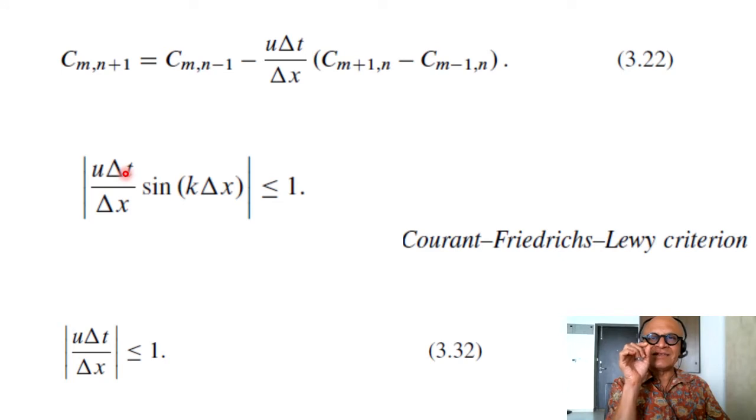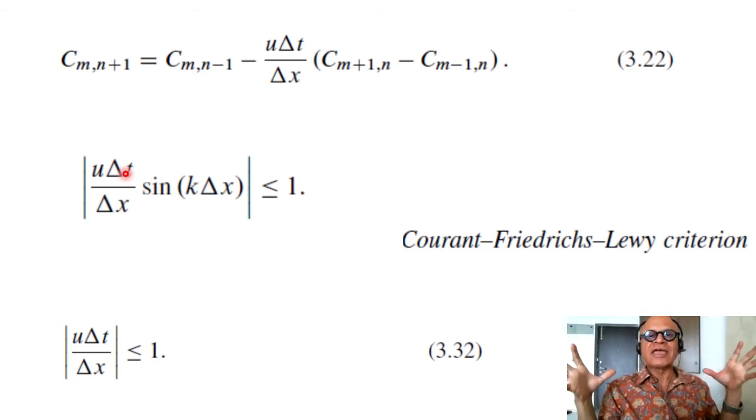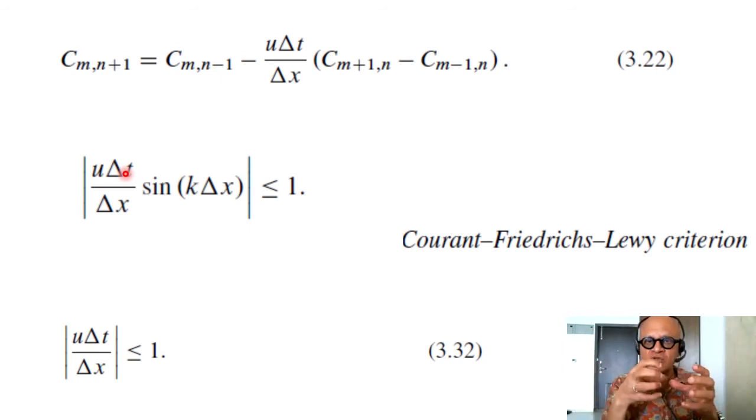We want delta x to be as small as possible because we want to be able to, let's say, make weather forecasts at as fine a scale as possible in space. You cannot say a 500 kilometer area will have a temperature of 19 degrees centigrade tomorrow when you make a forecast. You want to be at a scale that's reasonable, let's say of a few kilometers, and you want to be able to use delta t as large as possible because the computational cost has to be kept low.